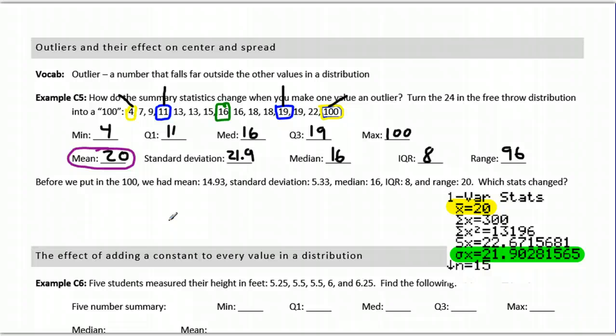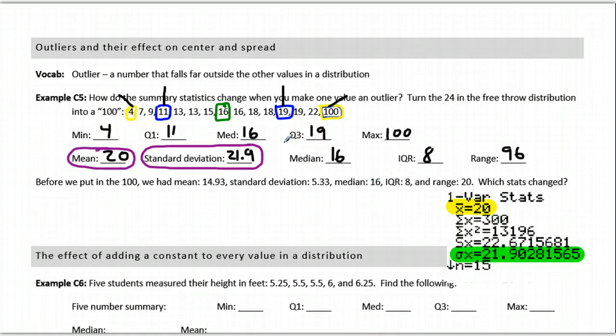That one number pulled up the average quite a bit. The standard deviation was 5.33. Now it's 21.9. That's a dramatic change. And when you add an outlier in, that can really mess with your standard deviation. So just be aware that outliers can mess with both the mean and standard deviation, but especially the standard deviation.